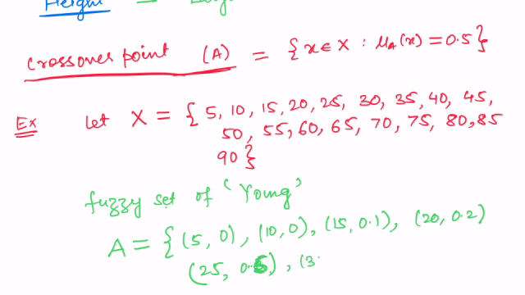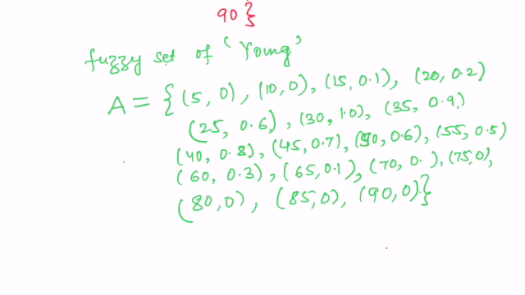At 30, let it be 1.0. At 35, let us reduce it and let it be 0.9. At 40, let it be 0.8. At 45, let it be 0.7. So this is our fuzzy set.